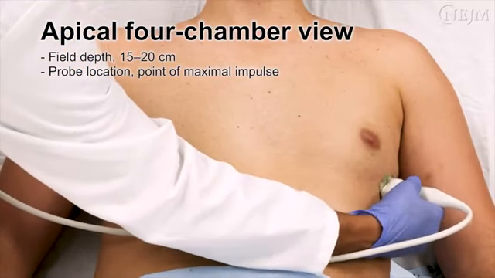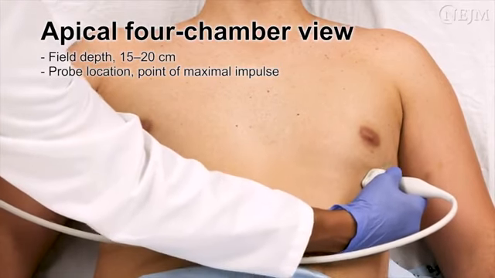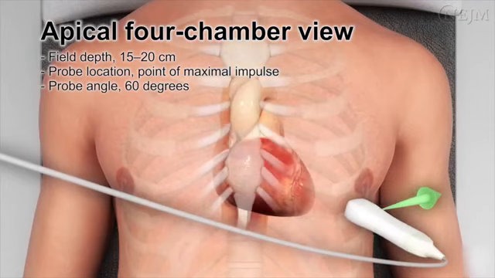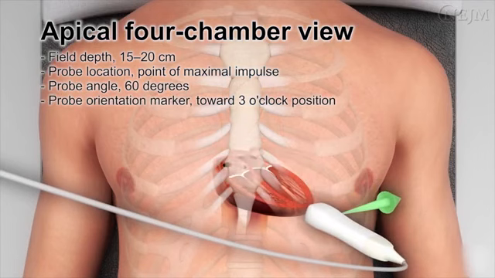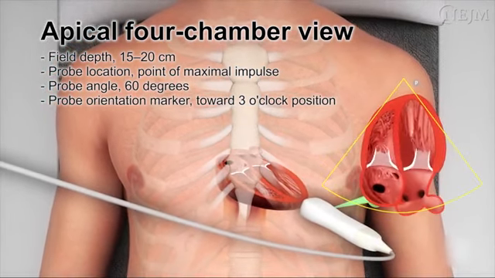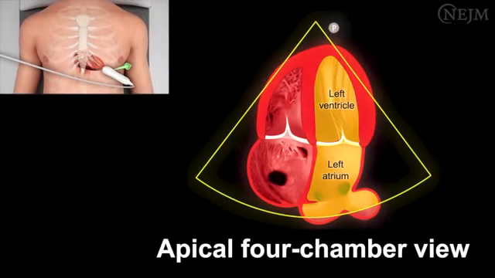Alternatively, you can start scanning at the anterior axillary line and move toward the nipple using a zigzag movement. Hold the probe at an angle of 60 degrees relative to the chest wall, facing the sternal notch, with the orientation marker pointing toward the 3 o'clock position. Since the orientation marker on the probe indicates the right side of the screen, the left ventricle and atrium will be seen on the right side of the screen.